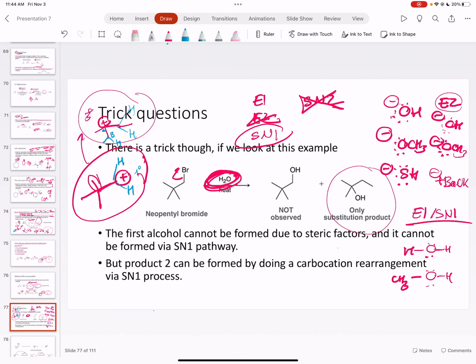And our betas do have hydrogen, so we are technically gonna be able to do elimination reactions as well. But now we're just looking at SN1 reactions.